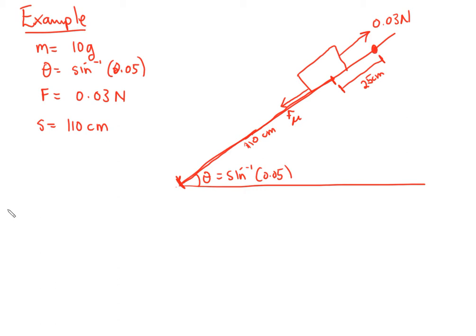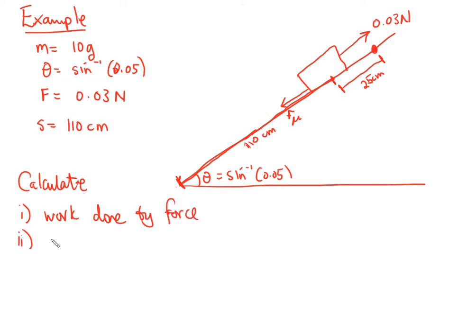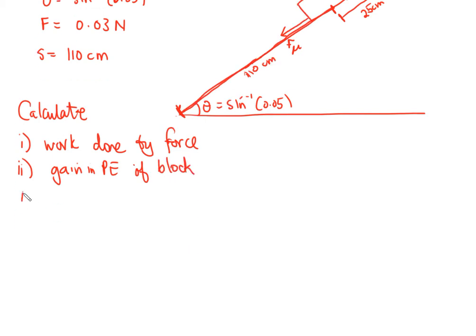What are we supposed to do with this information? We're supposed to calculate, first, the work done by the force that we're applying; second, the gain in potential energy of the block; and third, this is a long example, the value of the coefficient of friction between the block and the surface of the inclined plane.